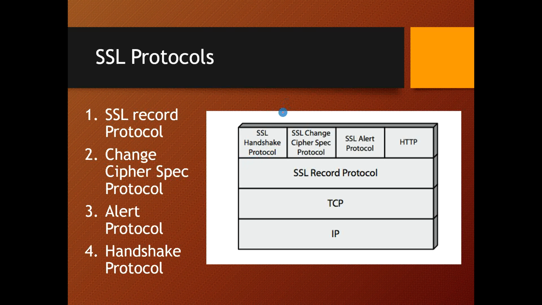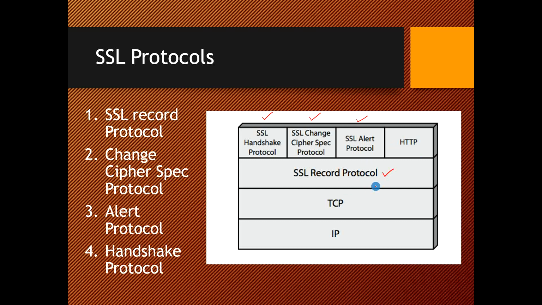So the handshake protocol, change cipher spec protocol, and alert protocol are implemented at the higher level. Also you have the SSL record protocol, which is implemented just above TCP IP but below the HTTP.